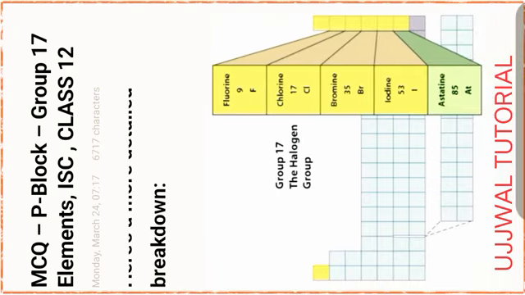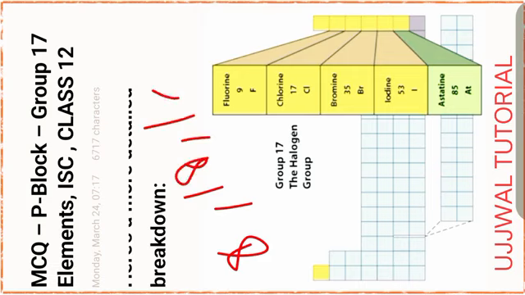Follow the pattern 8, 18, 18, 32 to find out the atomic numbers in group 17. The atomic number of fluorine is 9. 9 plus 8 is 17, the atomic number of chlorine.